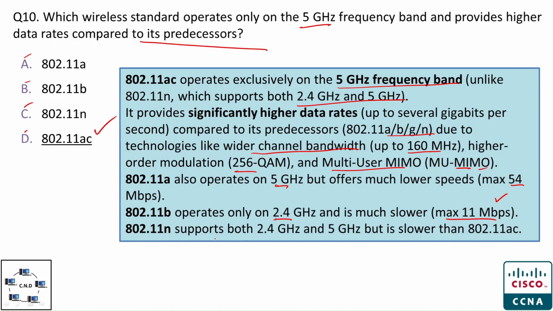And 802.11n supports both 2.4 and 5 GHz but is slower than 802.11ac.